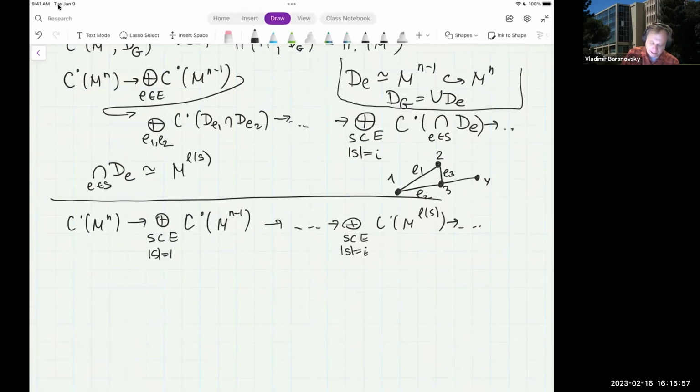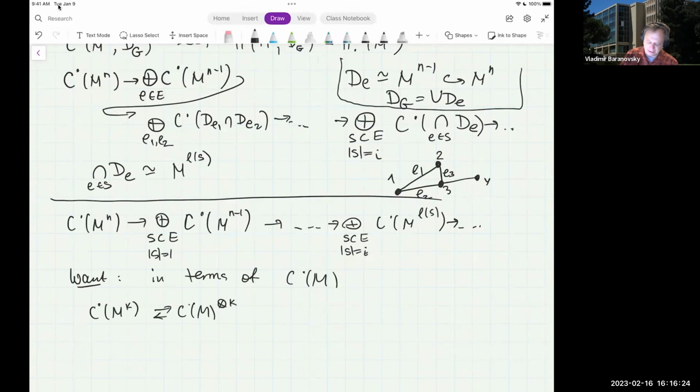Okay. But now, as sometimes happens in topology, we would say: what if we wanted to interpret all of this construction in terms of just C of M? We want to say that whenever we have cochains on the Cartesian power, they have something to do with cochains of M and the usual tensor power to the k.